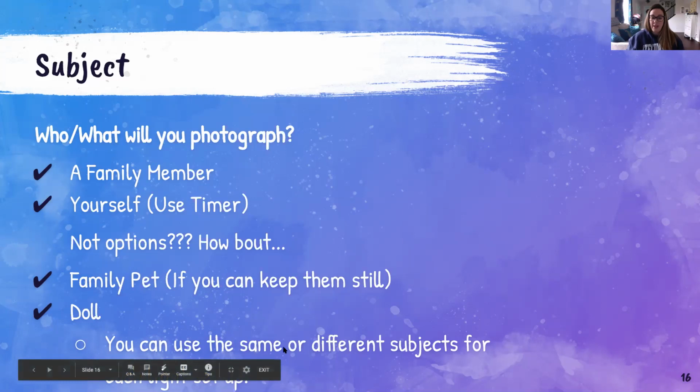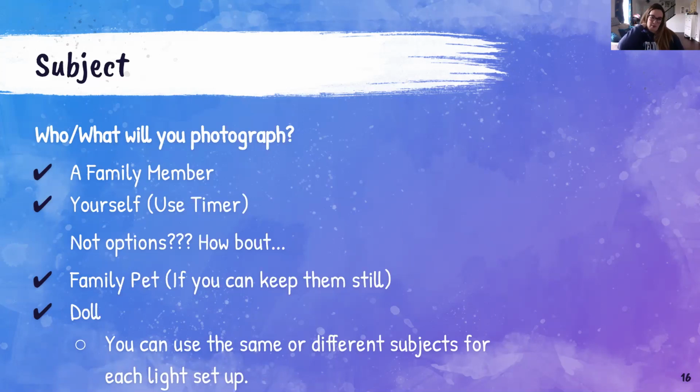You can use the same, or you could even use different subjects for each one. You could have more than one subject, as long as you're uploading to Canvas and saying, put your split one here. Maybe one person has split, maybe two people have split. Maybe one person just shows it and the other one is just complementing the composition. You can use the same subject and the same costume for every single one, or they could all be completely different.